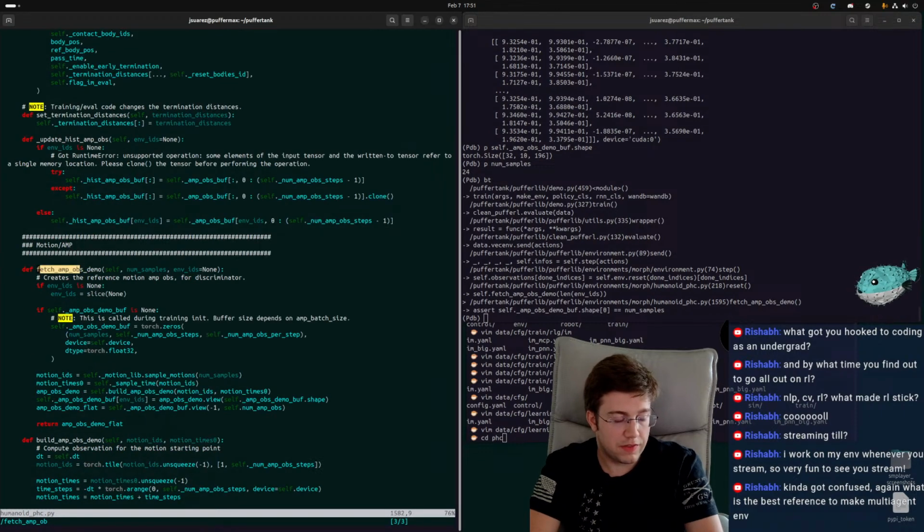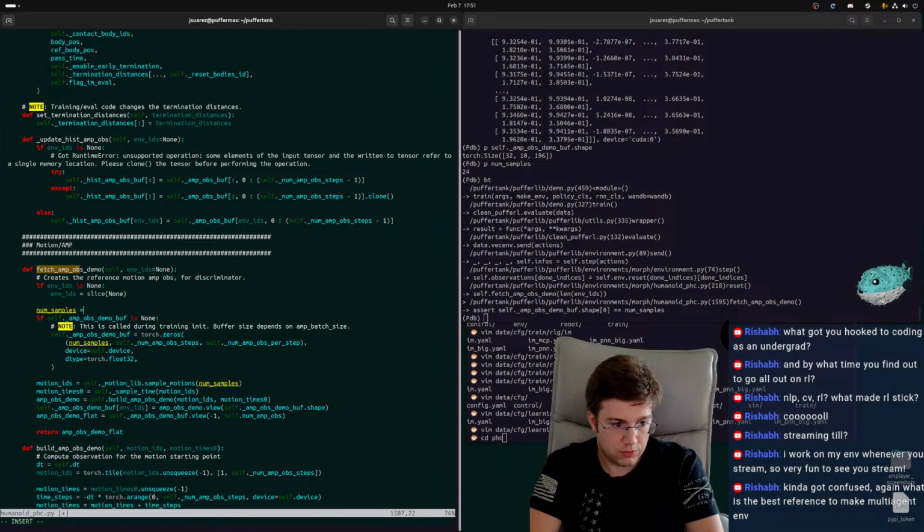The only thing is that this gets called on reset now. So whenever you reset, you need to pick new ones of these. So actually, this should just be num envs by these. And then this should just be, I guess, self.all. I hate that they do this. Actually, it should be length of self.all, num envs by these, like this.